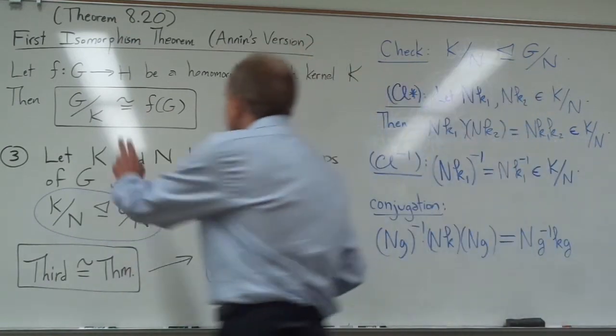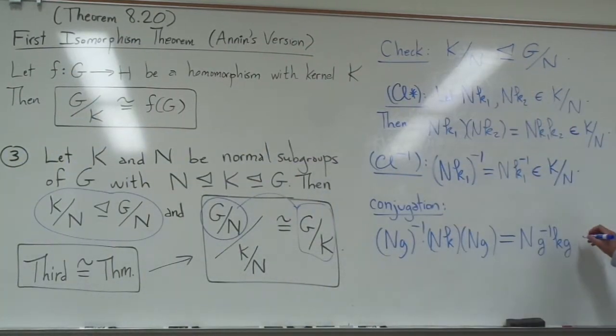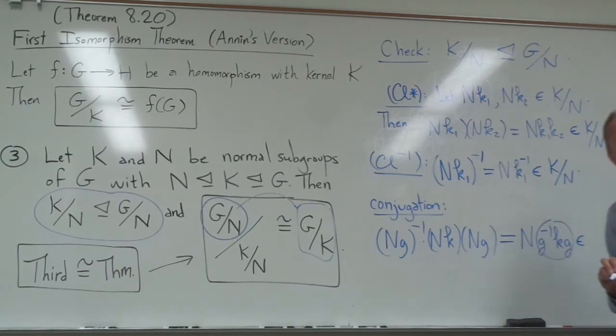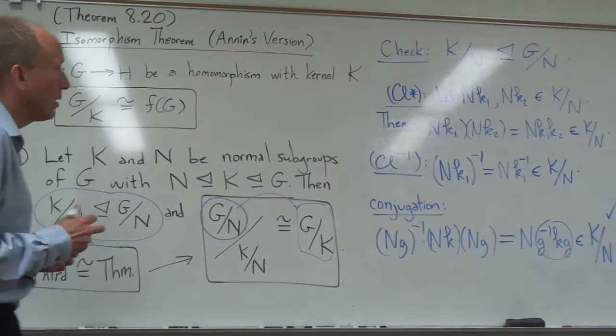But K is a normal subgroup of G, so it is closed under conjugation itself. So this expression here is inside of K, and so you just have something that is inside of K mod N again. So that's pretty easy to verify those quick facts.